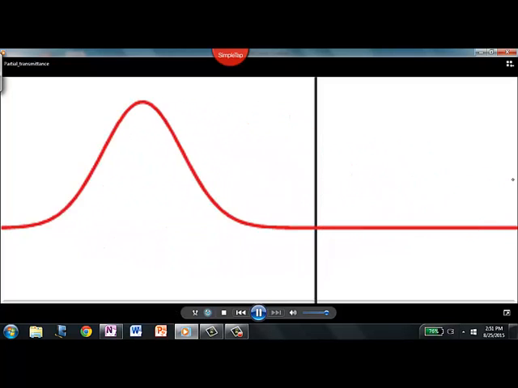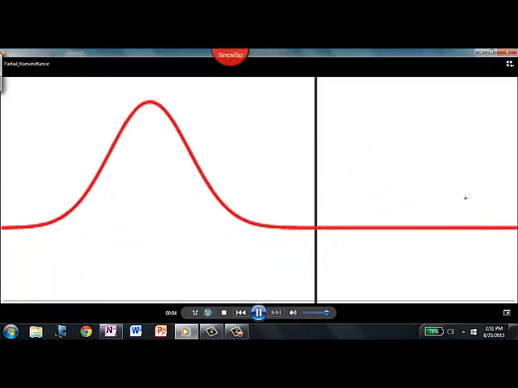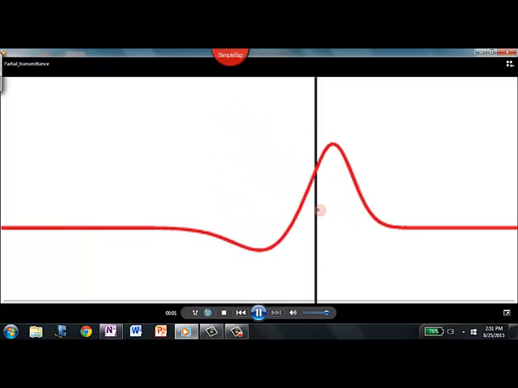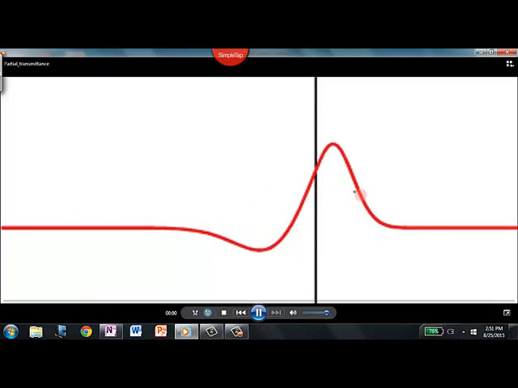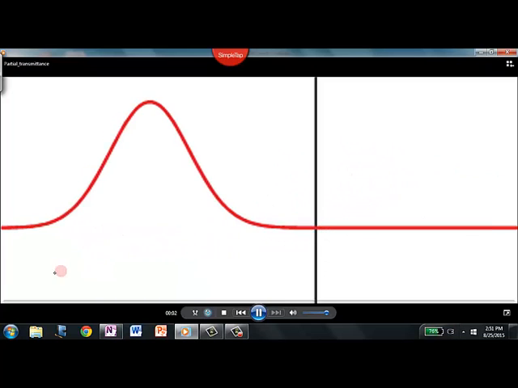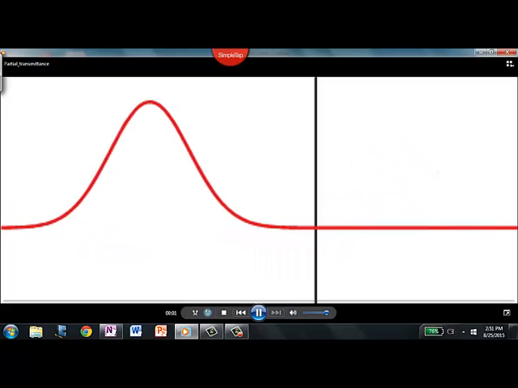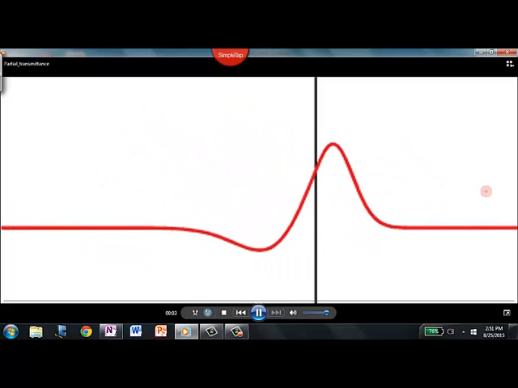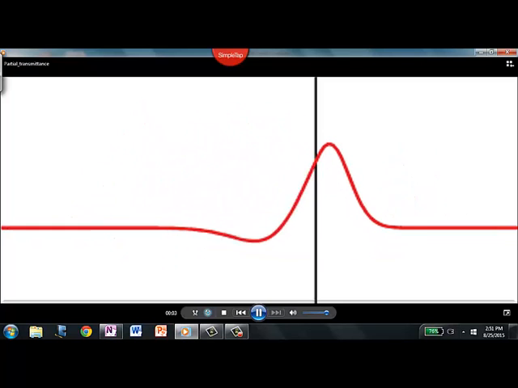Some of the wave energy is transmitted through. It's reduced, but it's transmitted through. And then some of the wave energy is reflected back. Neither the transmitted portion nor the reflected portion is as big as the incident wave. And so you see that just some of the energy makes it through, while some of the energy gets sent back to the sending source.